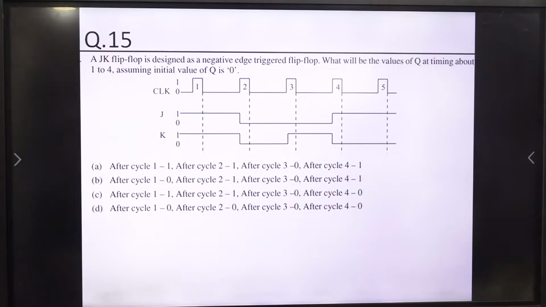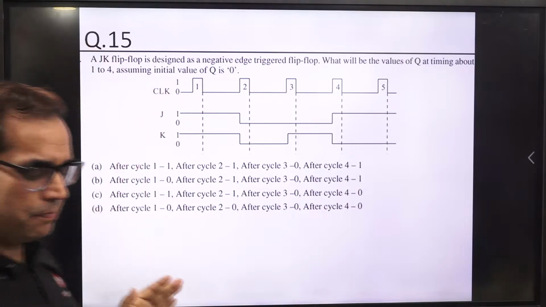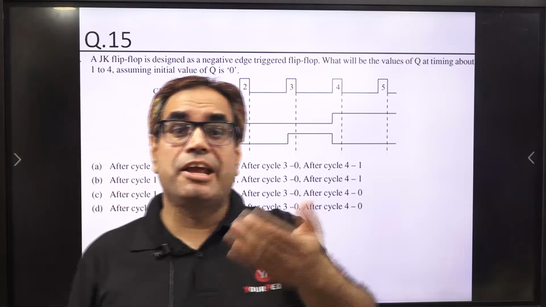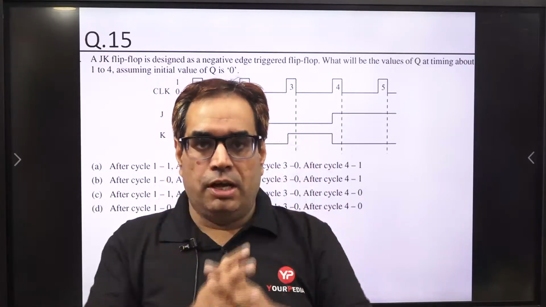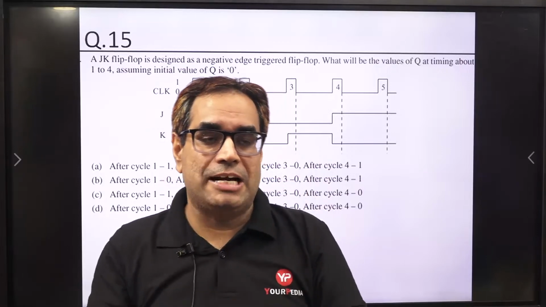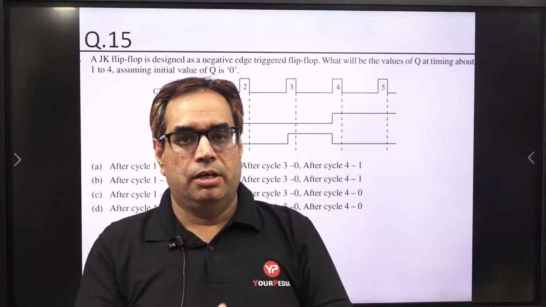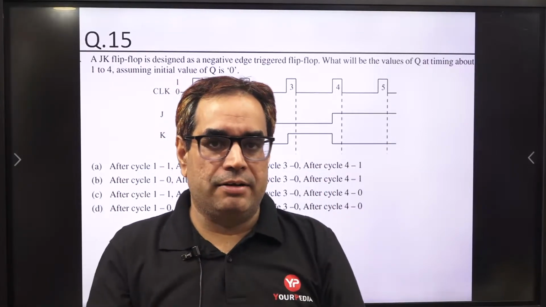Okay, Tejaswini, I am going to explain this. First of all, we are talking about a JK flip-flop. Just recall, and write in the chat box: if we have J equal to 0, K equal to 0, what happens? What is the next state?